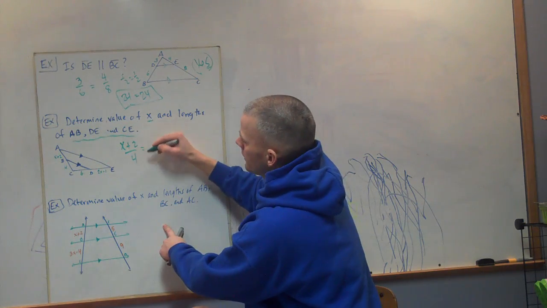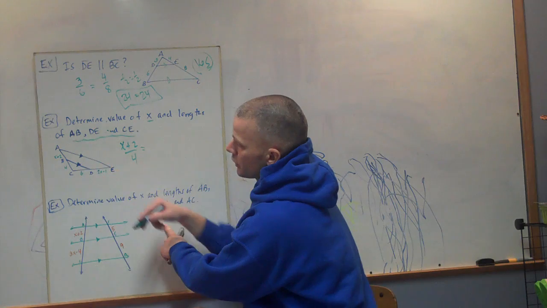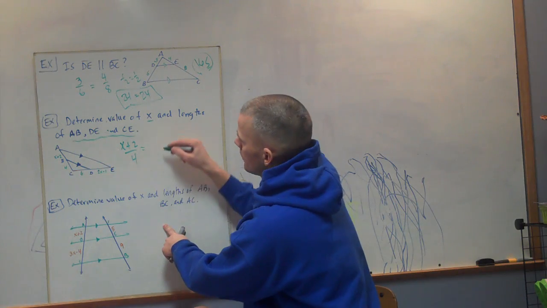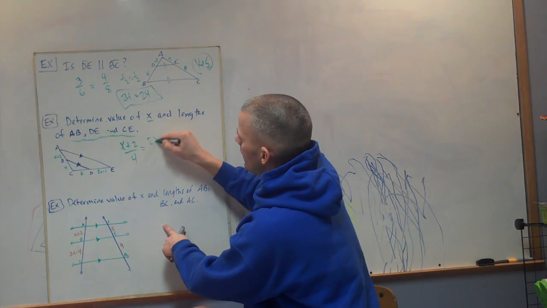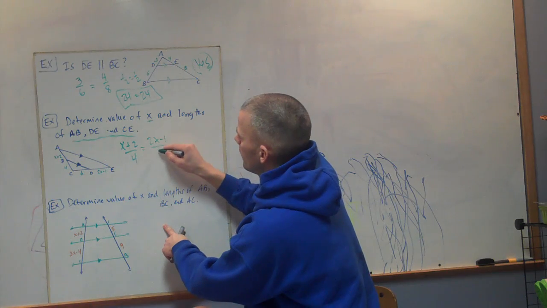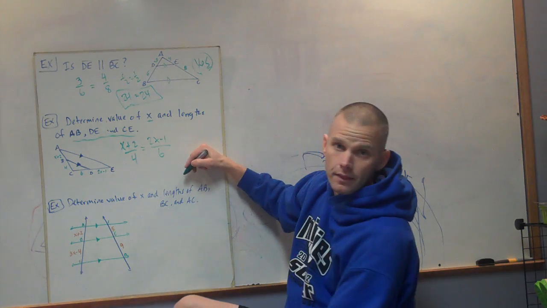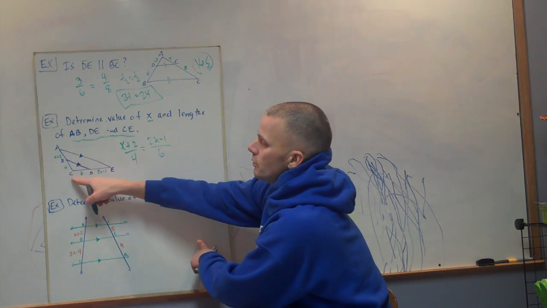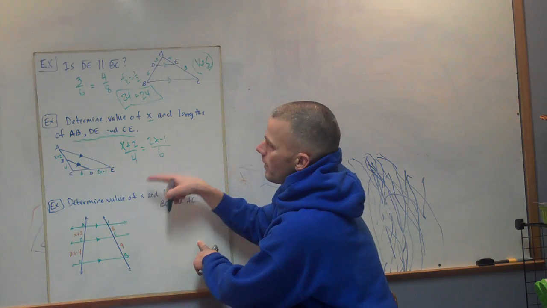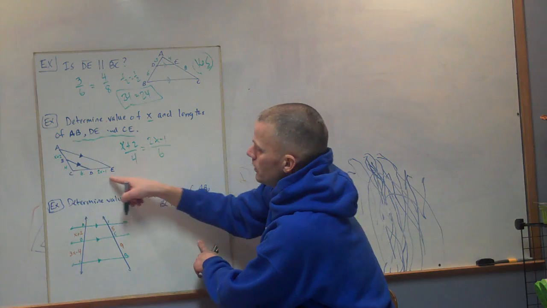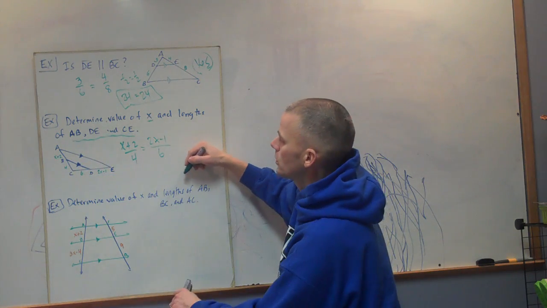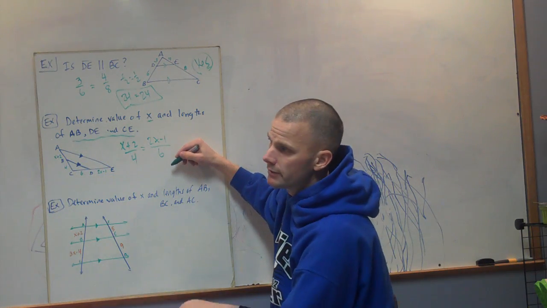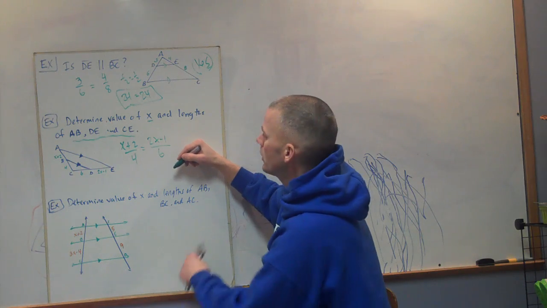Now I want to compare that to this side of my triangle. That's going to be 2x minus 1 over 6. The two segments closest to point C correspond with each other. The other two segments, x plus 2 and 2x minus 1, correspond with each other. Cross multiply, distribute, solve, and you're good.